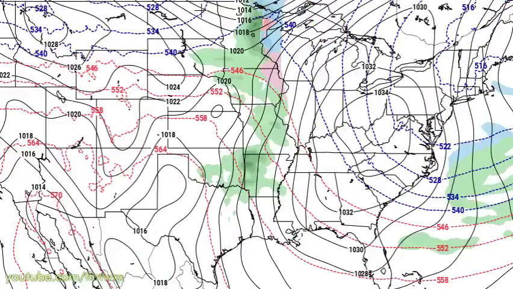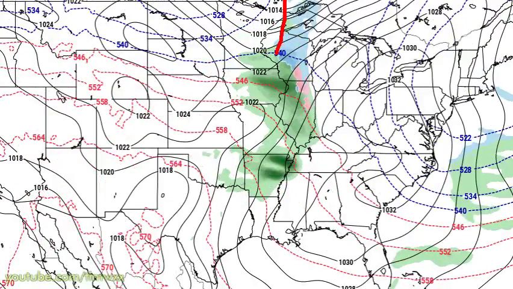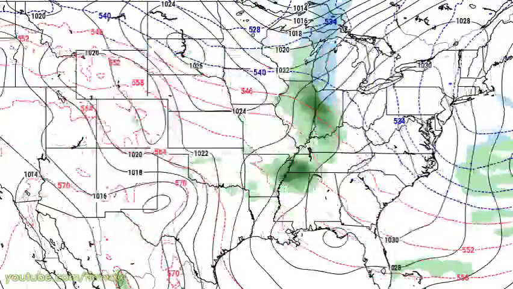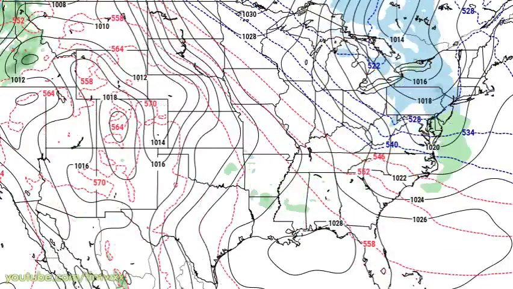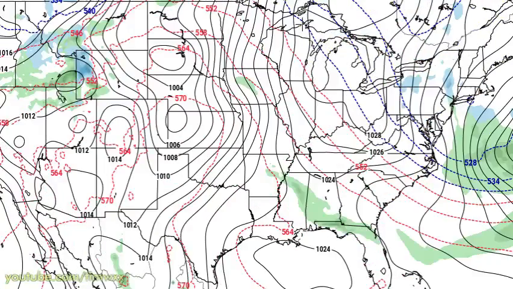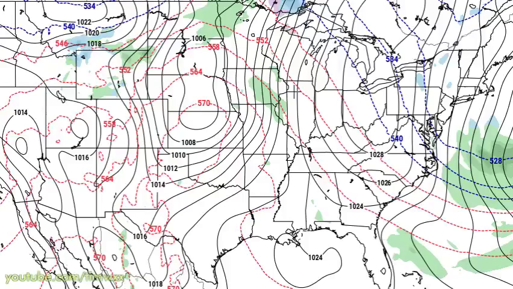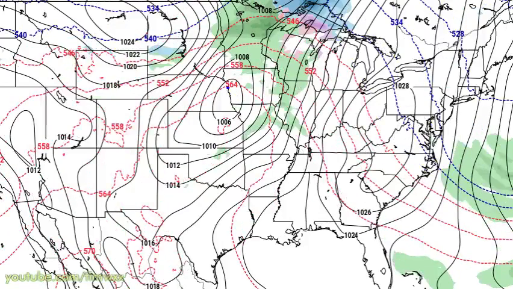Then we get another system moving through Canada that moves rapidly eastward. A little bit stronger there. This is towards Friday and Saturday. Then, as I mentioned, it's going to be kind of quiet over the weekend. And then here comes the next system coming for Monday and Tuesday.